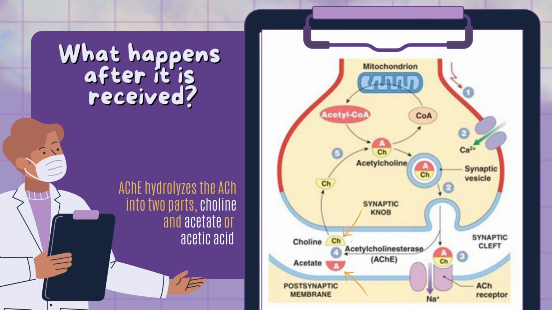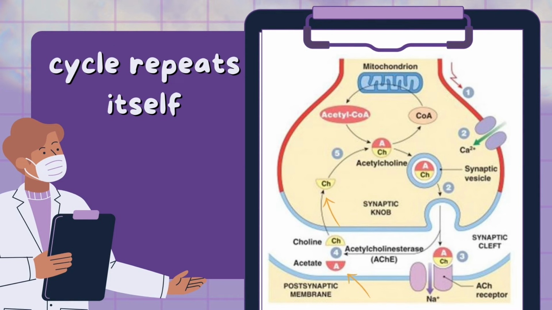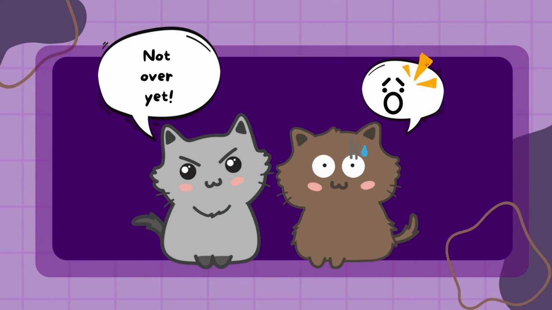As mentioned before, acetylcholinesterase splits or hydrolyzes the acetylcholine into two parts, choline and acetate or acetic acid. Then the cycle repeats itself.